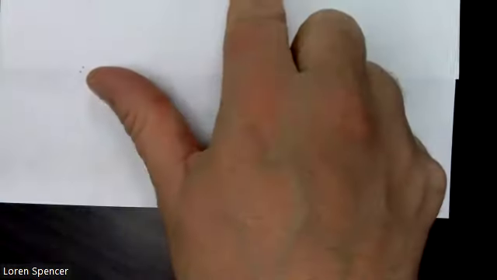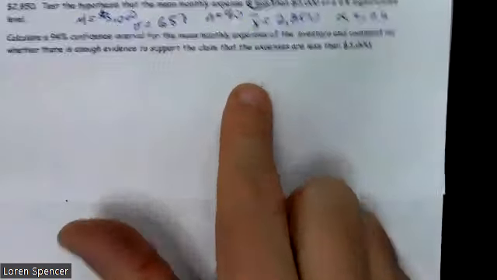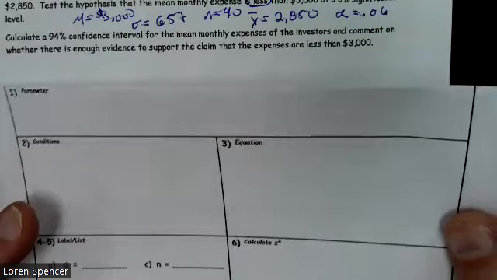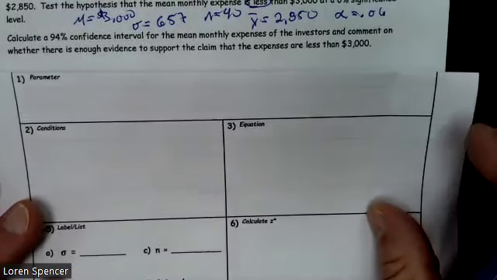All right, the next one, we're going to go on and do a confidence interval for scenario one, because it says calculate a 94% confidence interval for the mean monthly expenses and comment on whether there's enough evidence to support the claim that the expenses are less than 3,000.